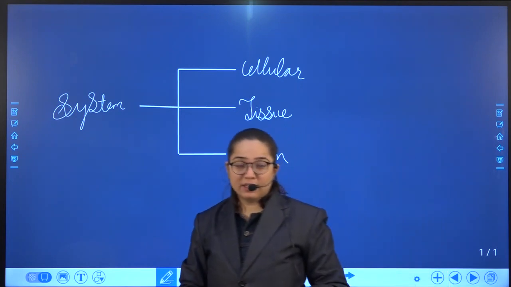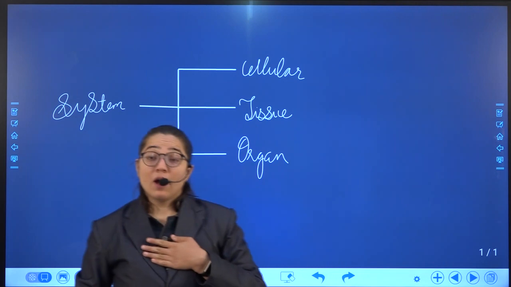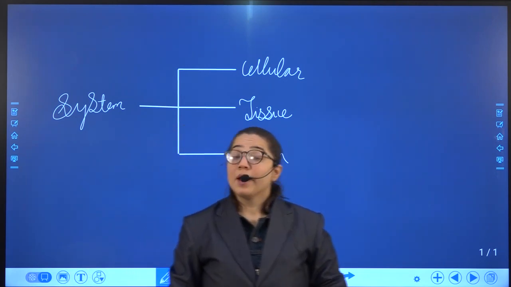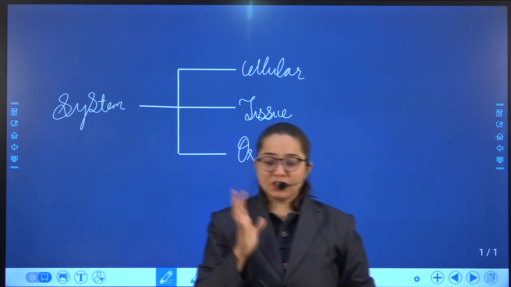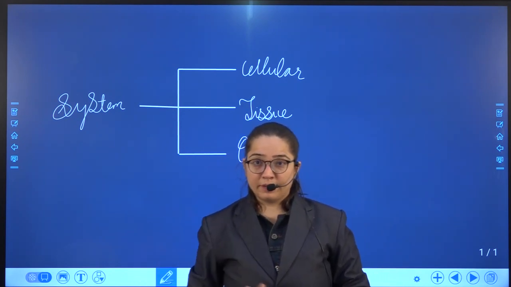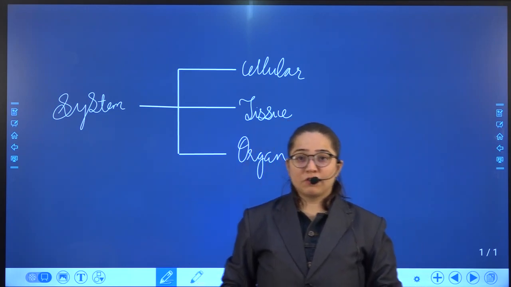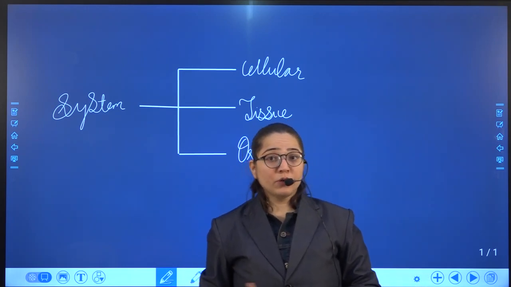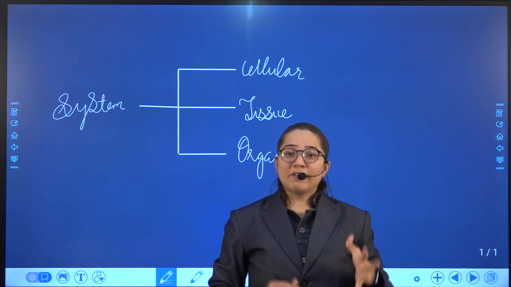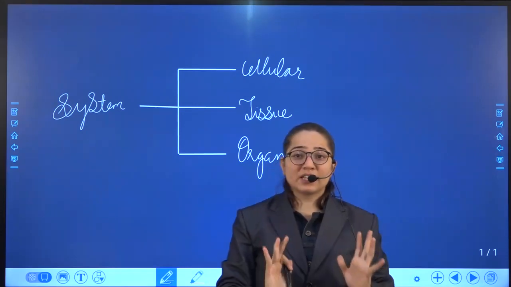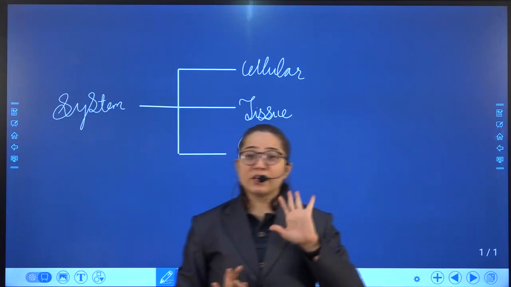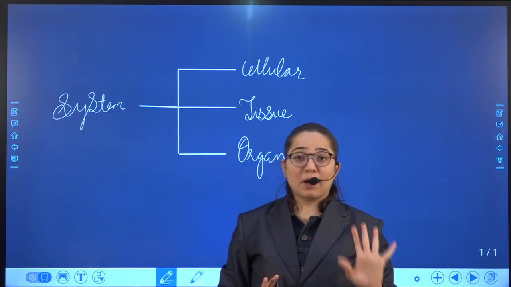Next, organ. Like we human beings, we are having a particular organ level system because for a particular function we are having a particular organ. Like for the purification of the blood, you have two kidneys. You are having a well developed digestive system in which all the different organs are doing the different parts.